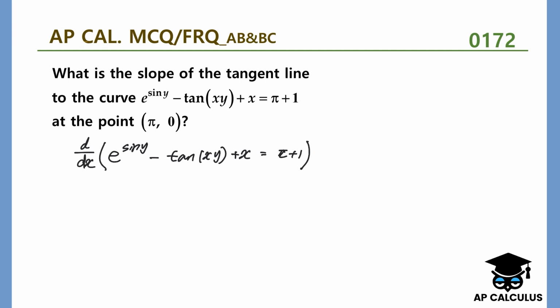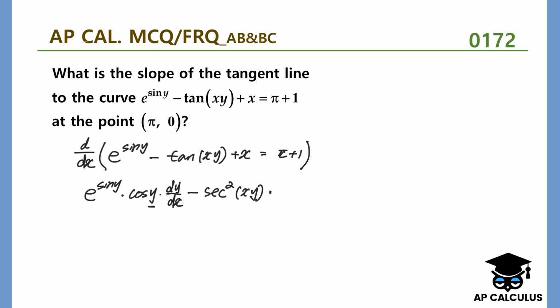We have an exponential function, so that's going to be e to the sine y times the derivative of sine y. The derivative of sine is cosine, and here we have y, so times the derivative of y, dy dx. Minus the derivative of tangent, which is secant squared xy, times the derivative of xy.